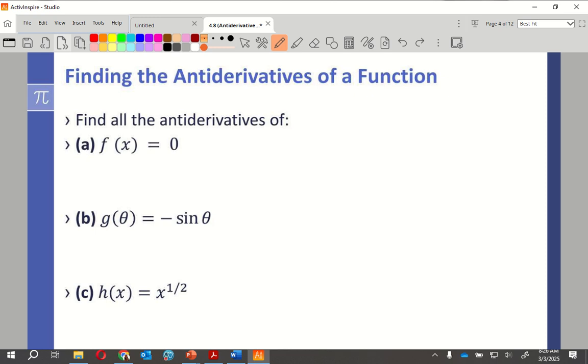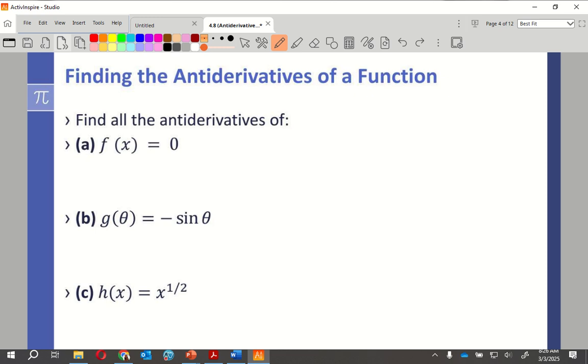So, the antiderivative of this, the first one, if it's of 0, I have to add something, right? If my derivative of 5 became 0, but now I have to go from 0 back up to 5, I can't really do that.